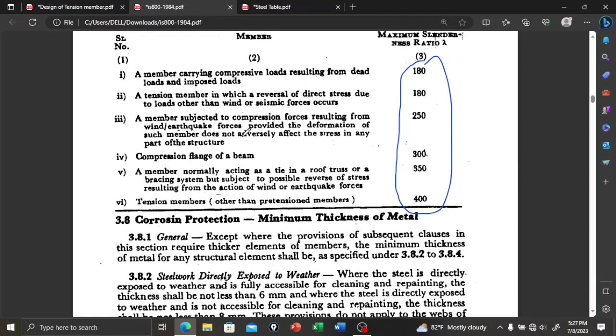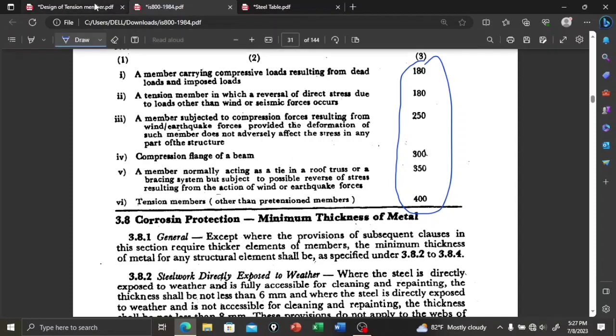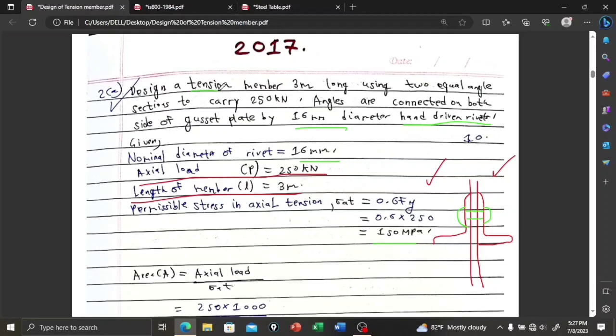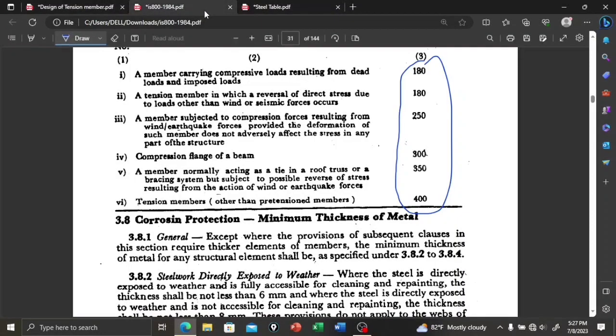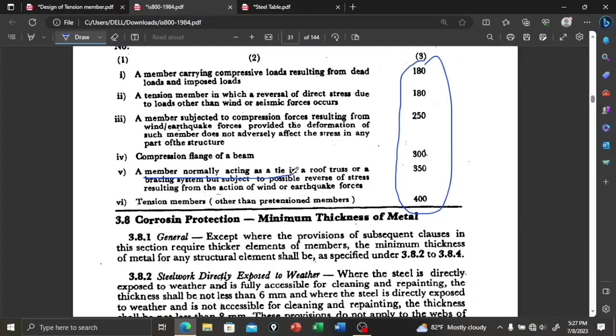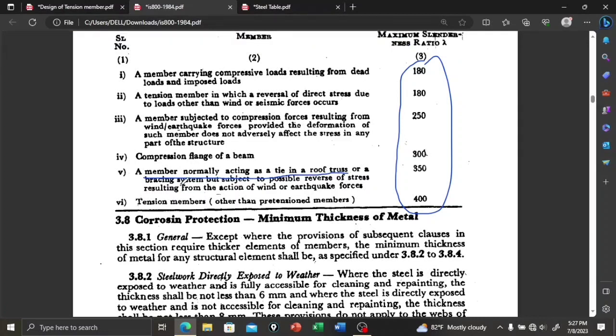Our case is a member normally acting as a tie, a tension member in a roof truss or bracing system, subject to possible reversal of stress.